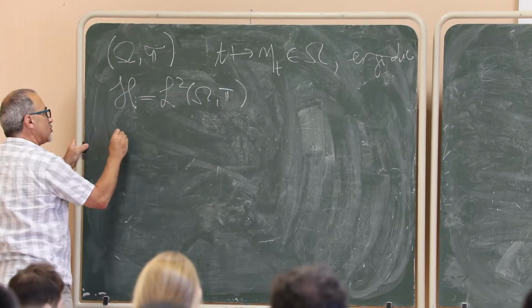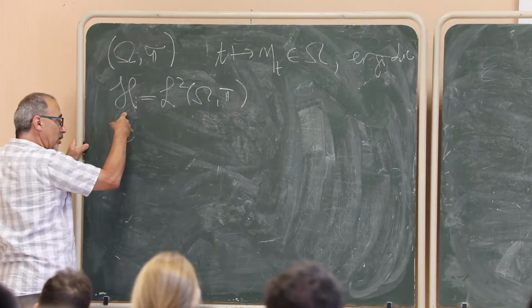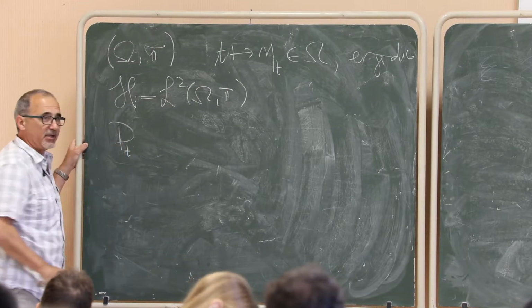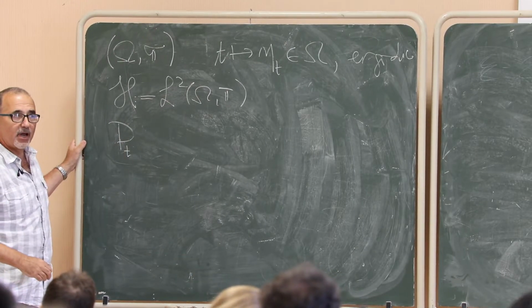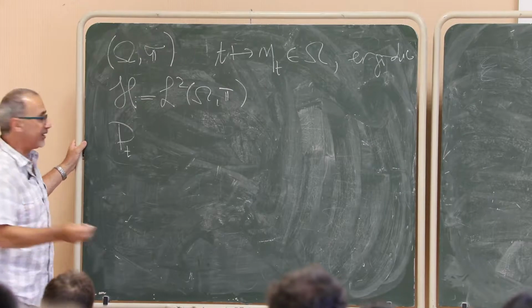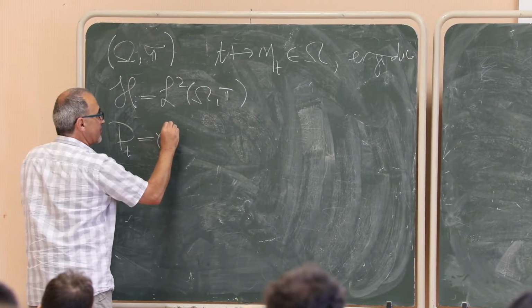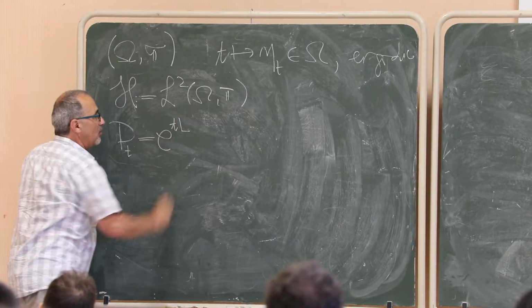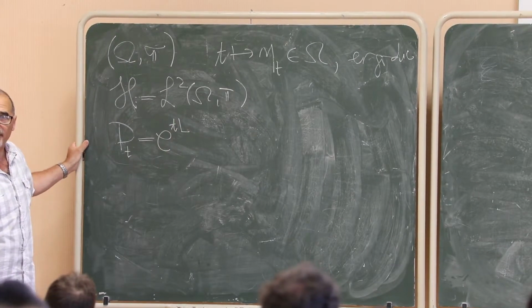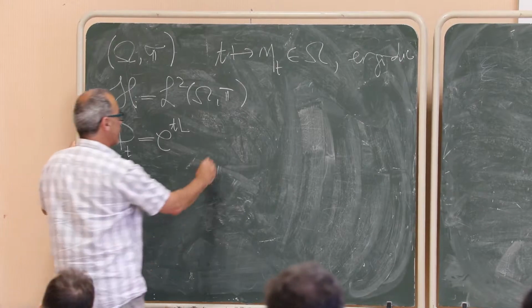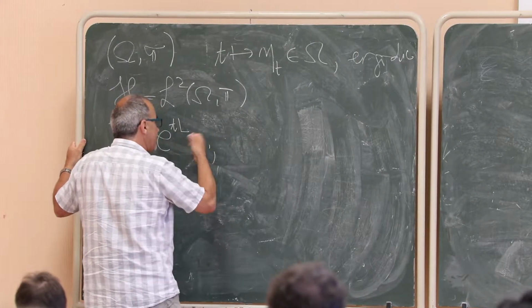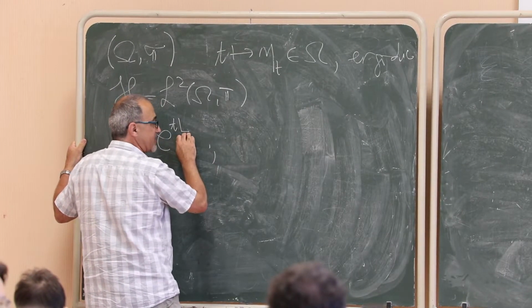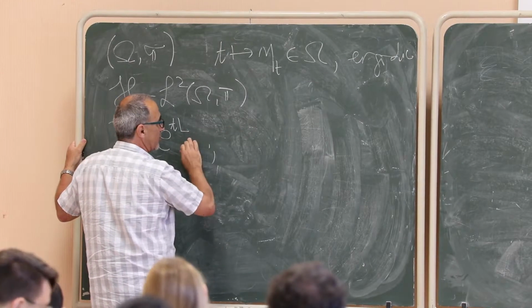We have the semigroup acting on this Hilbert space, which I denoted by PT, and its infinitesimal generator, which I just write formally like this, that means that this L was the infinitesimal generator.